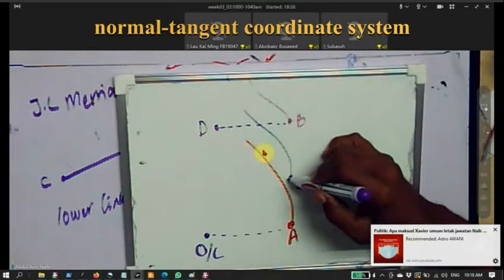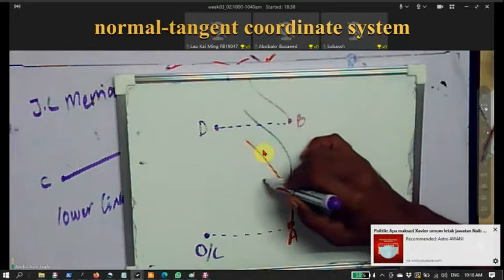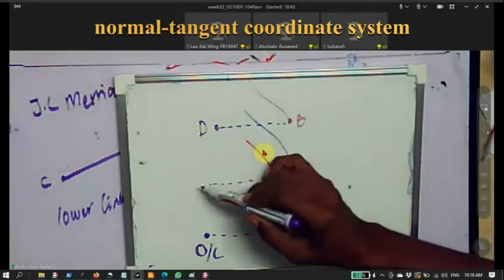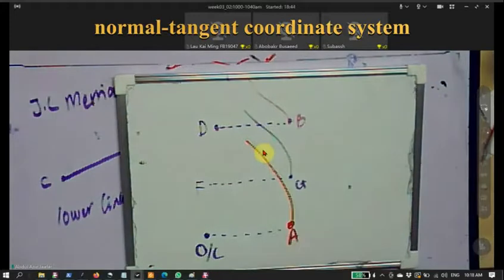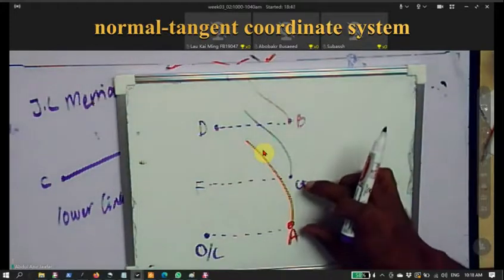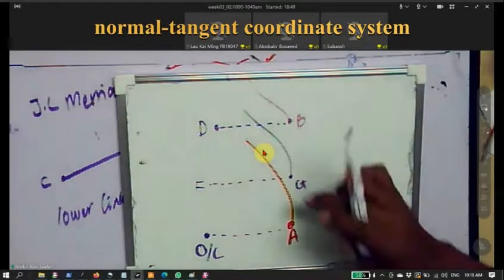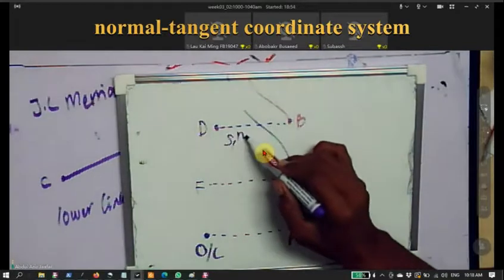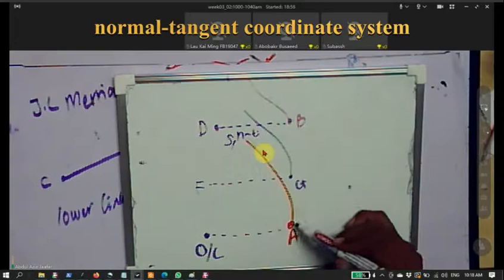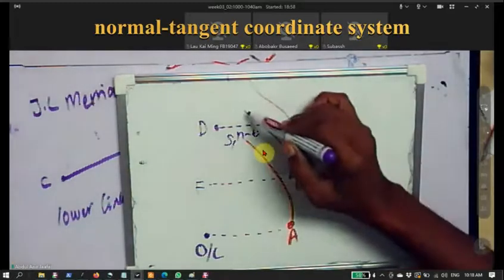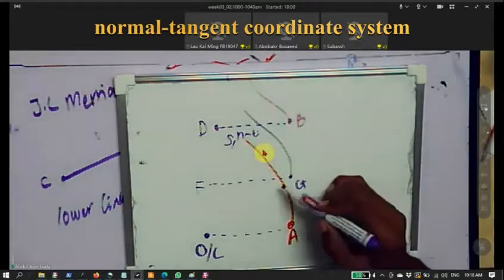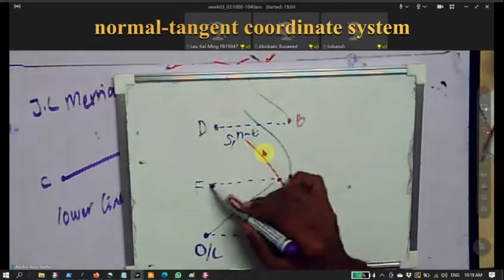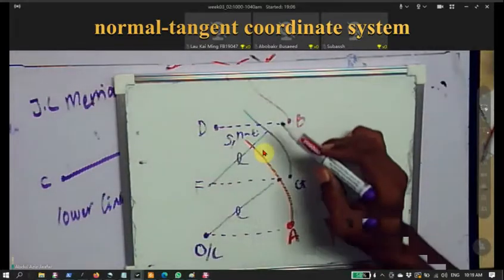For G, we can also represent an imaginary line here. The S coordinate system or NT coordinate system follows its own path, and at any location, it has its own radius of curvature.